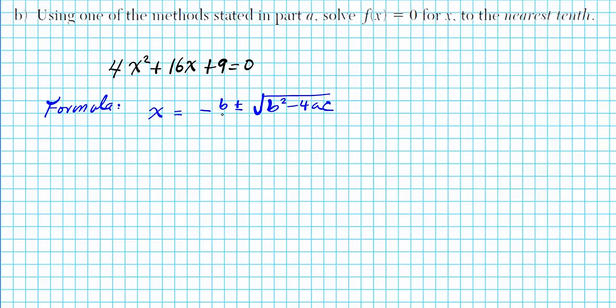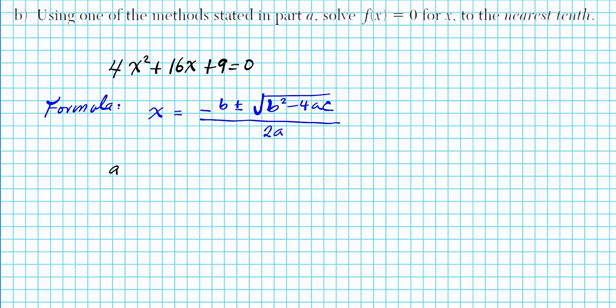X equals negative b plus or minus the square root of b squared minus 4ac, all over 2a. That can help you remember it. There are many other songs out there, but it's critical that you know your quadratic formula. Now we need a, b, and c to substitute in here, and then we will simplify.